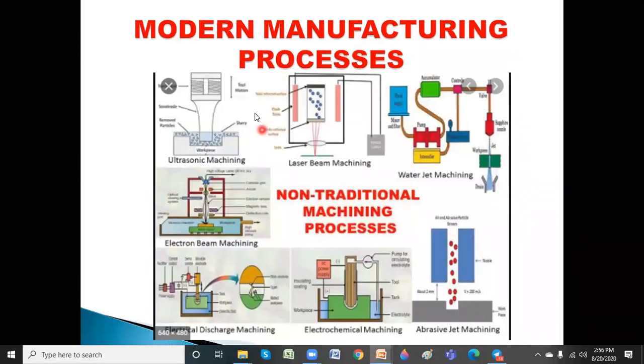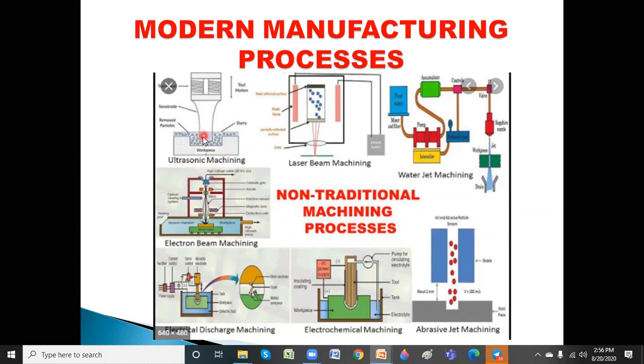Don't worry about the diagram here. These are some of the non-traditional machining processes, and your entire syllabus in modern manufacturing methods will be discussing various non-traditional machining processes, like ultrasonic machining.